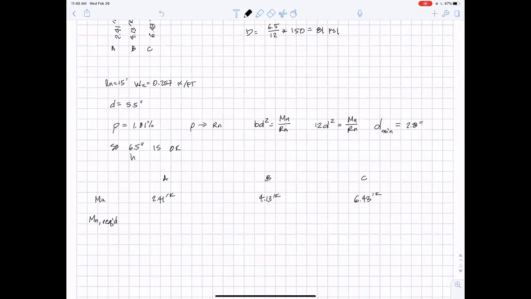So the required MN is 2.41 divided by 0.9 times 12, which is 32.1 inch kips.